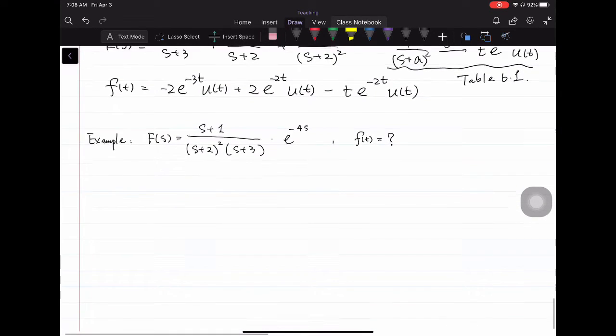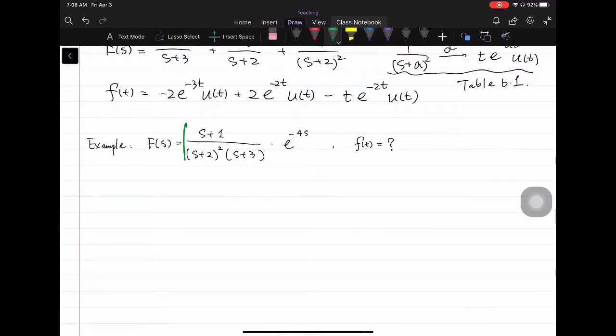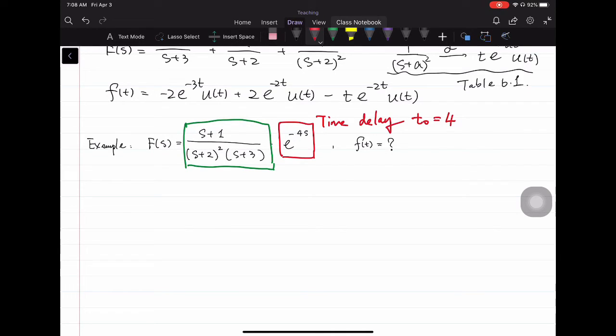All right, so going back to this particular example, what we have here is this term that we have calculated earlier, and then we have the second term, which represents a time delay. And the time delay here, t naught, is equal to 4 since it's e to the negative 4s, right?